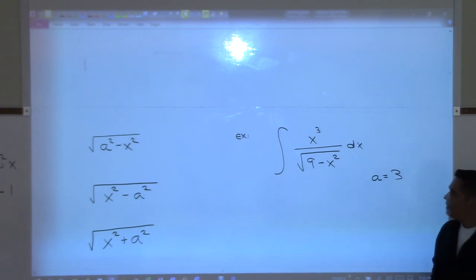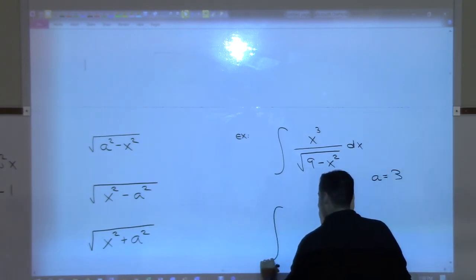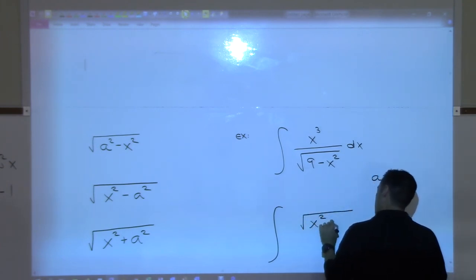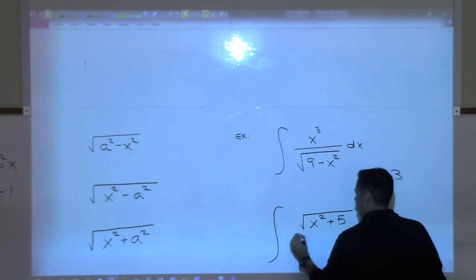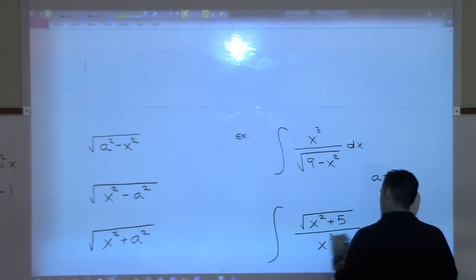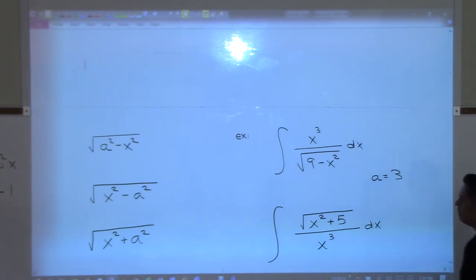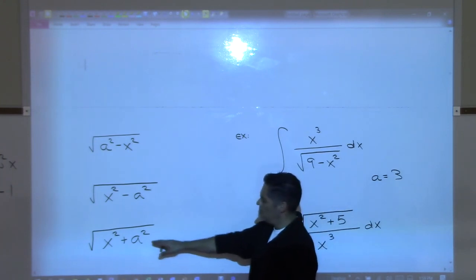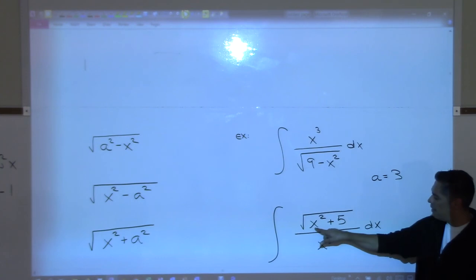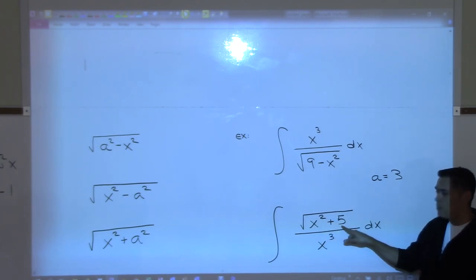All right? How about this one? Does that look like any of those? No. Yes. Wouldn't that have to be 25? Well, would it? So the question is, do we have the square root of our variable squared plus a number squared?